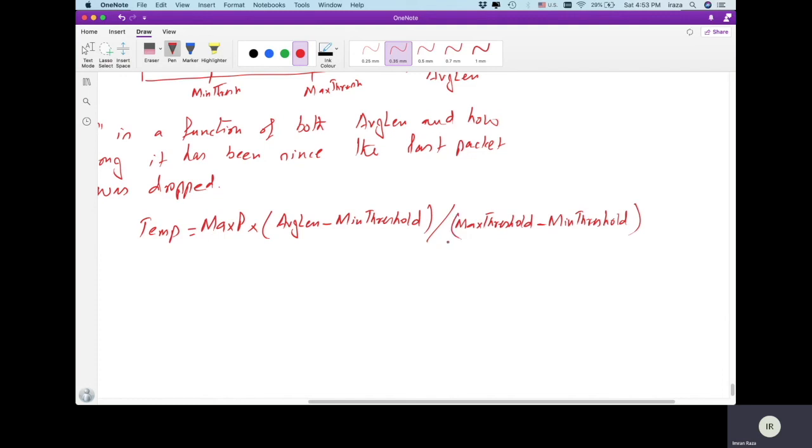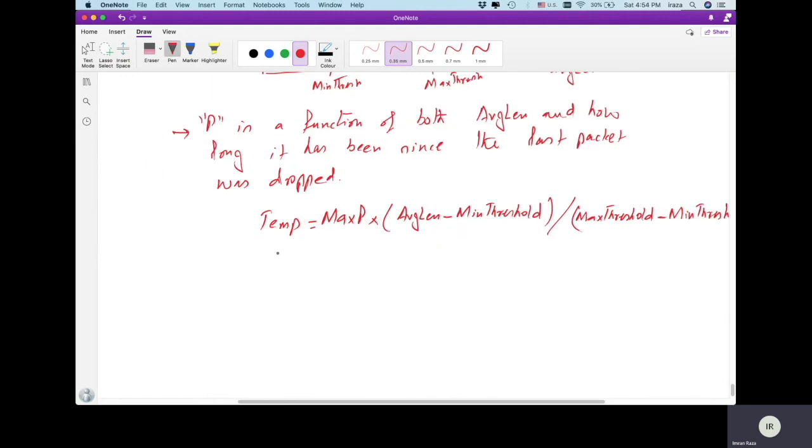Right, and then this temp P is used to calculate the drop probability P. So P is equal to temp P divided by 1 minus count times temp P.